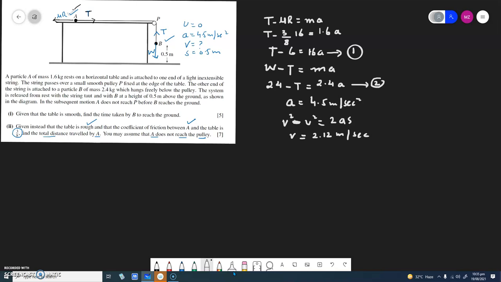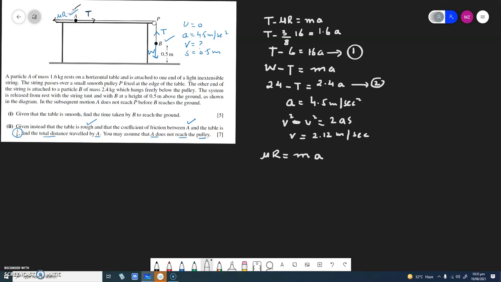So when B hits the ground, the particle A will be affected by only one force, that is mu R. This force of friction is the only force. According to Newton's second law, this is ma.